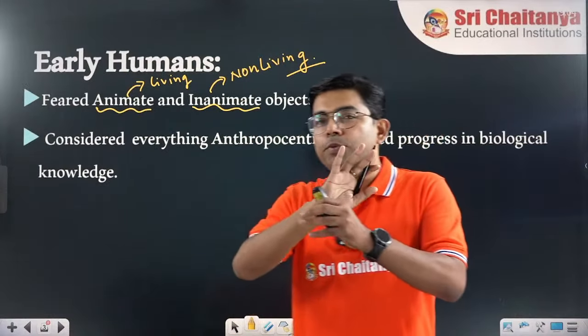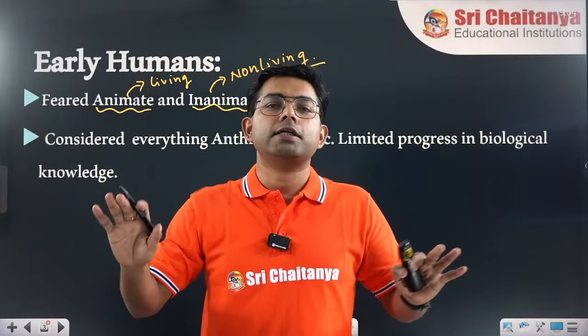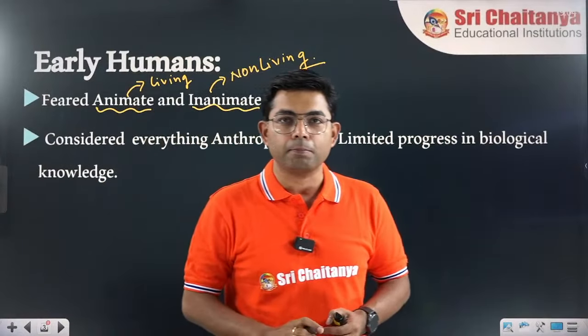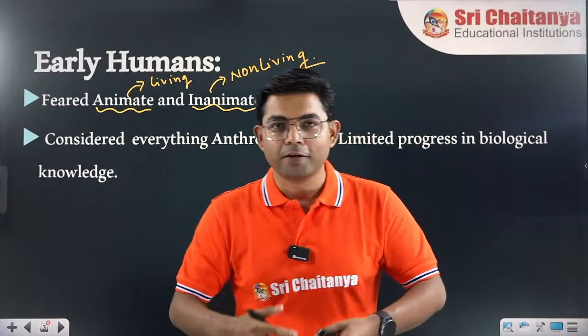Initially humans were not concerned about studying living organisms. They were fearing them or getting surprised by them. Then gradually, as humans evolved, they started studying humans, but it remained anthropocentric, again a keyword given in NCERT.